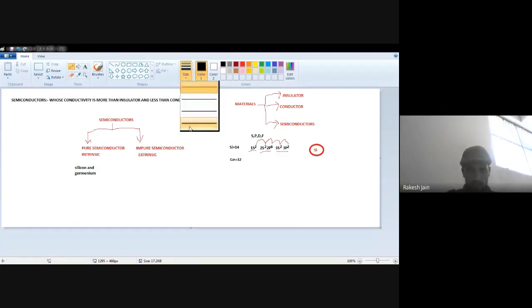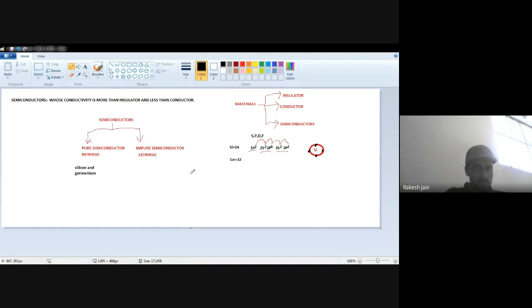The dots are for those electrons: one dot, 2, 3, and this one is 4. These 4 dots are used for bonds. So this is the pure semiconductor silicon.